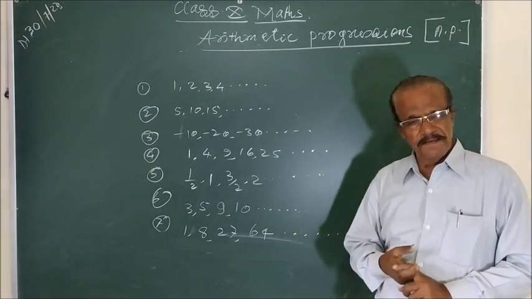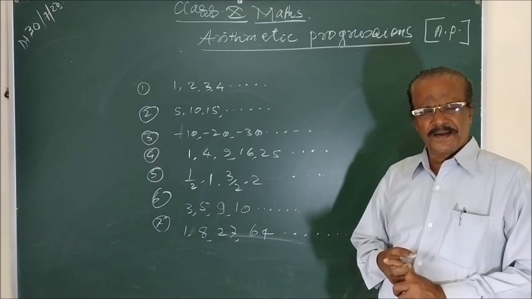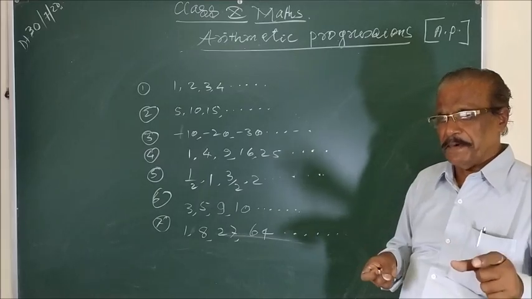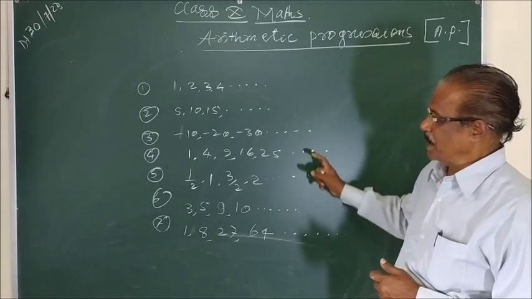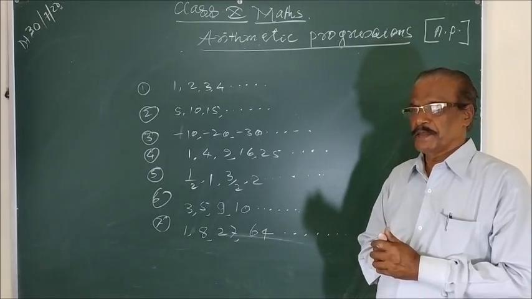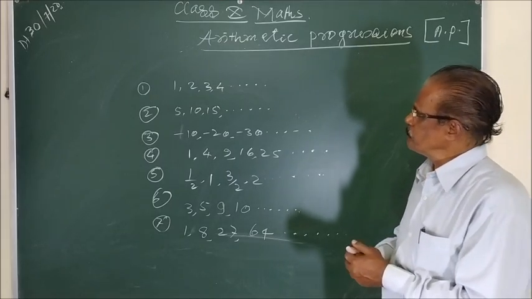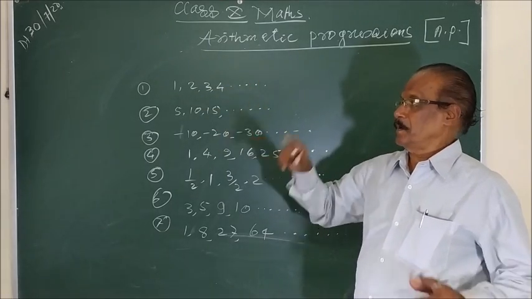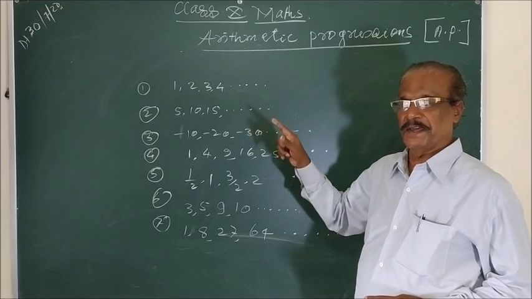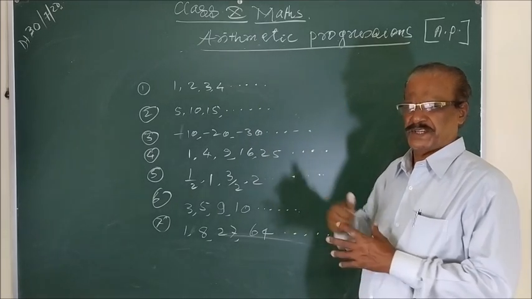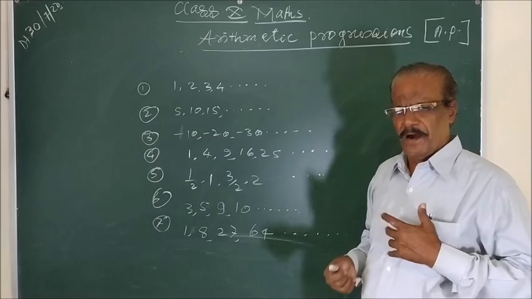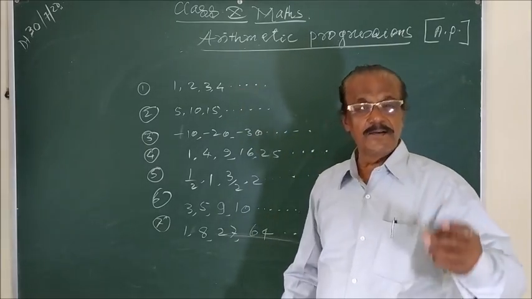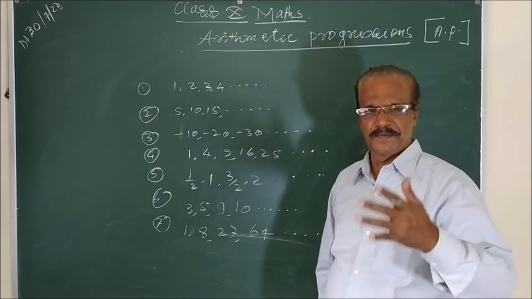Now we will see, you can understand what is AP with the given examples. You will listen carefully. First you see the list of numbers are 1, 2, 3, 4, dash, dash. If I ask you, can you write the next number? You can say, yes sir, 5, 6, very simple.